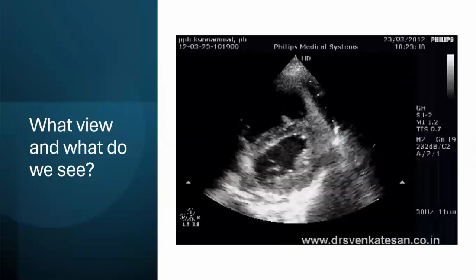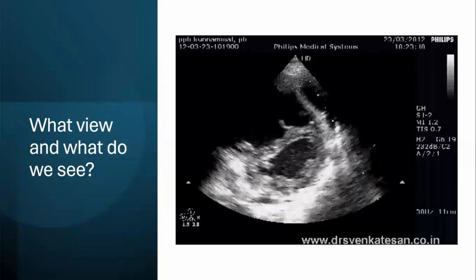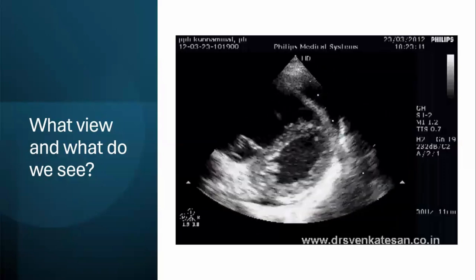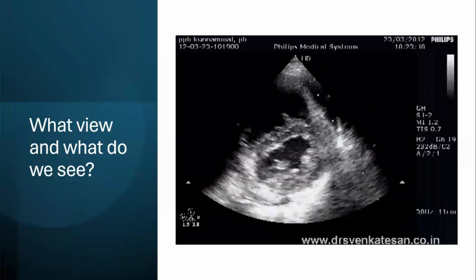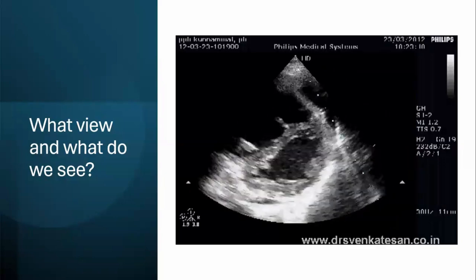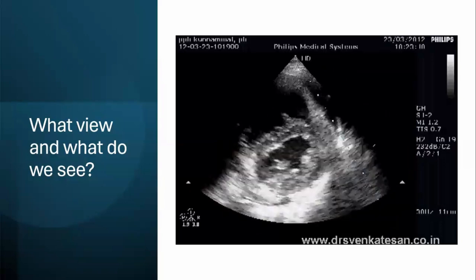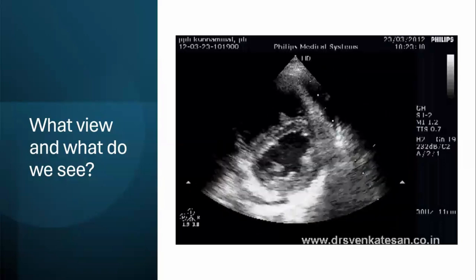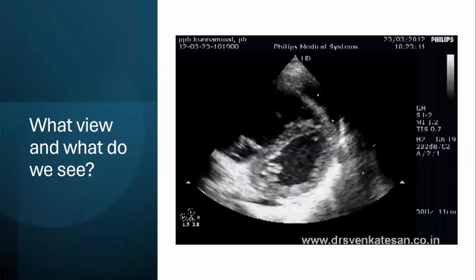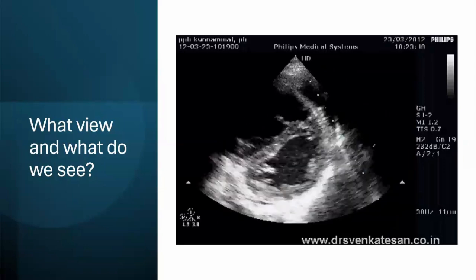Then the classic, what we call the D sign, or the abnormal septal motion. This is due to an acute rise in your pulmonary pressure, and this just means in systole, because of your elevated pressure, the right ventricle faces increased resistance to pump blood into this pulmonary vasculature, and your contraction time actually prolongs.